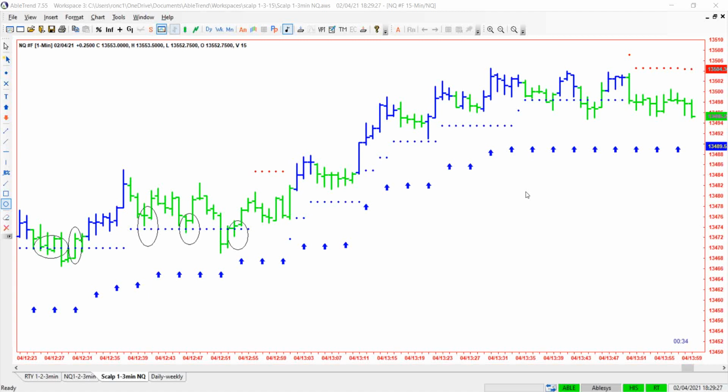Almost every day, I'd say probably 9 out of 10 days, the market goes higher than it goes lower. So the market is much stronger to the upside. Those are the ones where you want to be a little more risky and take a chance on a green bar that's right near the blue dot. You'd want to do that on the buy signals.